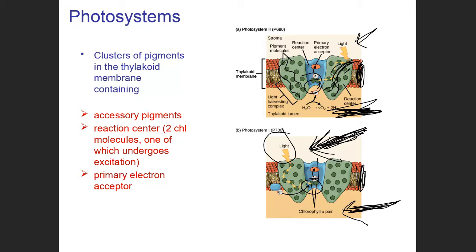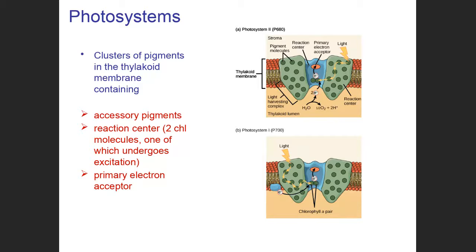And where are they going to move? In photosystem 1 and 2, they have a primary electron acceptor, the orange part over here. This orange part is a primary electron acceptor. You will accept those electrons.